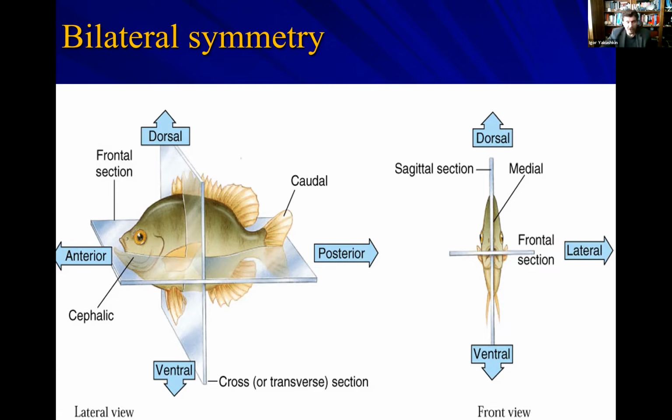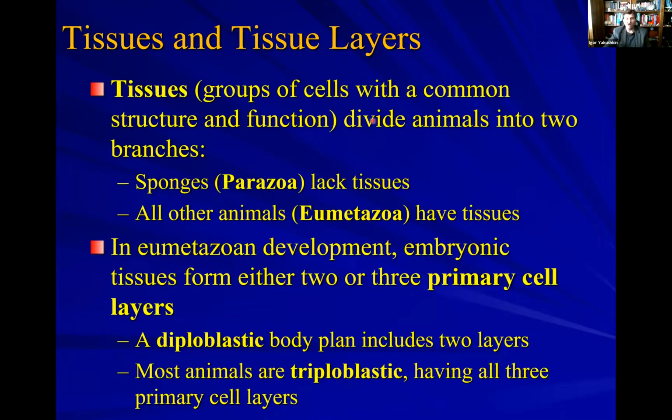All right, so tissues. Tissues are groups of cells with a common function, which basically subdivide animals into two major groups. We already talked about the sponges, not really true animals. Why? Because they don't have true tissues. Therefore, they're called parazoa.